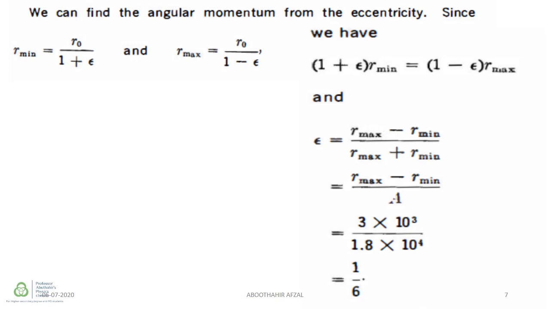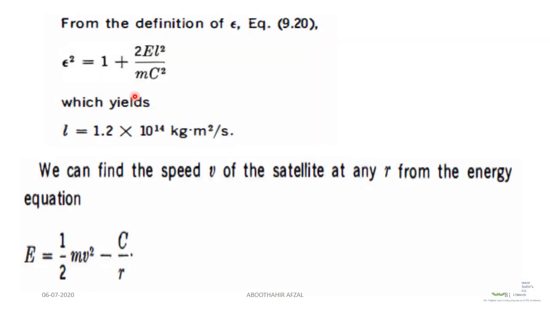So from the value of this eccentricity, you can find the value of angular momentum. We have the expression epsilon square is equal to 1 plus 2EL square by mC square. We already found the value of eccentricity epsilon, and putting the value of epsilon in this, you get the value of L, which is the angular momentum.